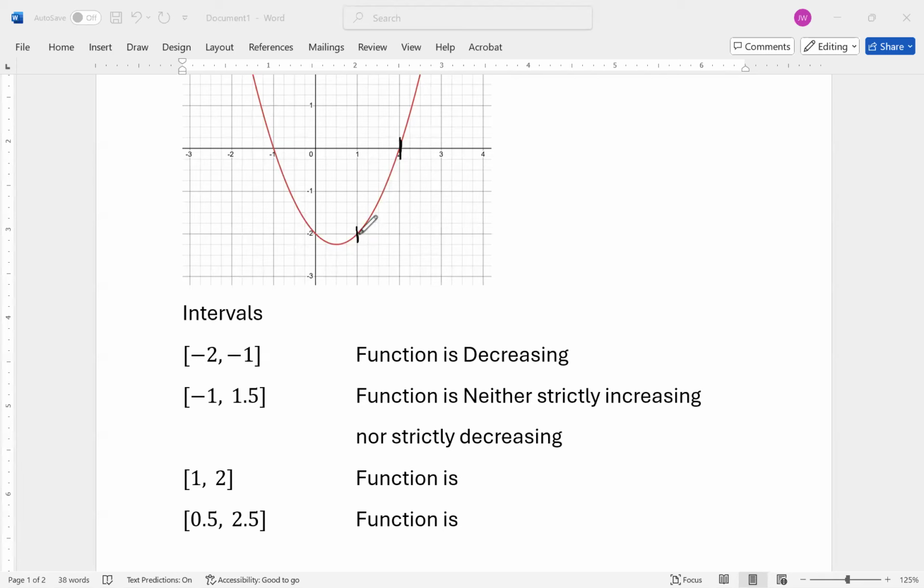That's this section here. And notice that as a point moves along that graph, if it moves left to right, then we're always going up. So from 1 to 2, the function is increasing.